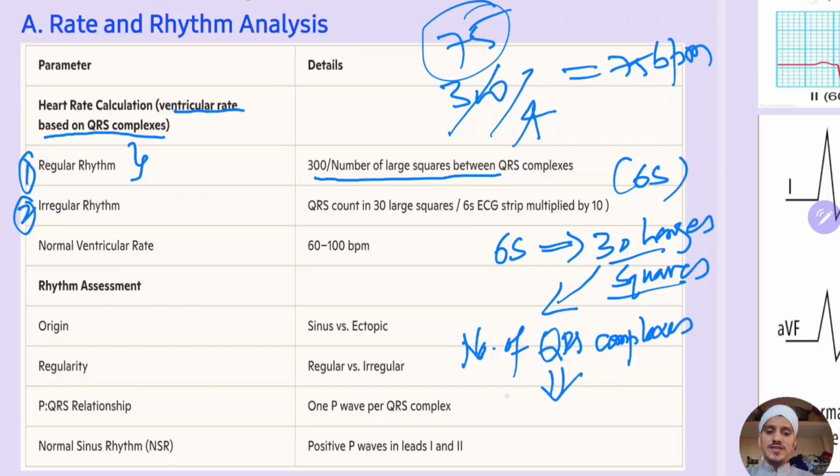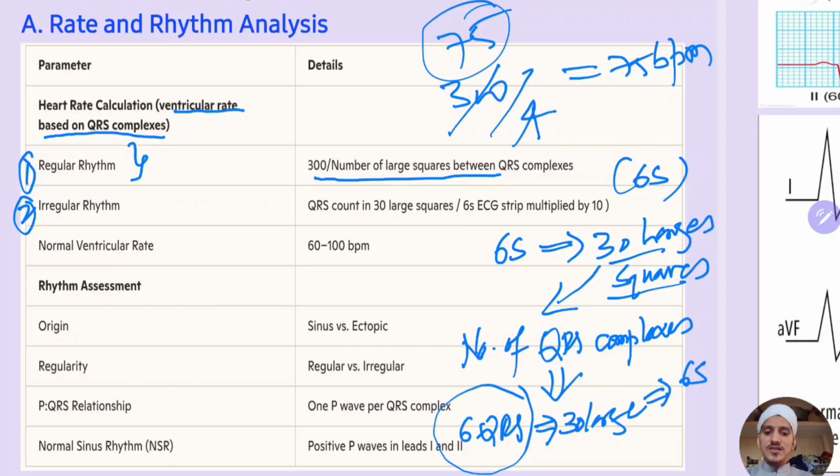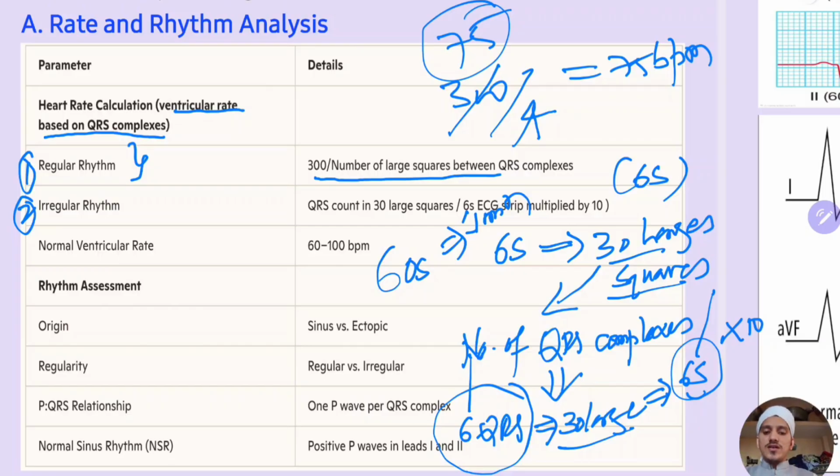For example, there are 6 QRS complexes in 30 large squares, that is 6 seconds. Multiply it by 10, and that becomes 60 seconds, which is 1 minute. So 6 into 10 is 60.